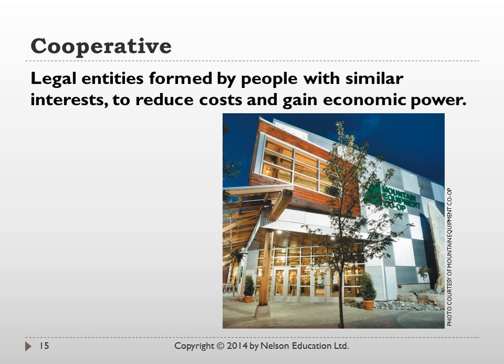The Mountain Equipment Co-op that you see on the slide here is a cooperative for members. So you must have a membership interest to become a member of that cooperative. Many of you may be members of a credit union or Red River Co-op, or any type of cooperative in Canada.